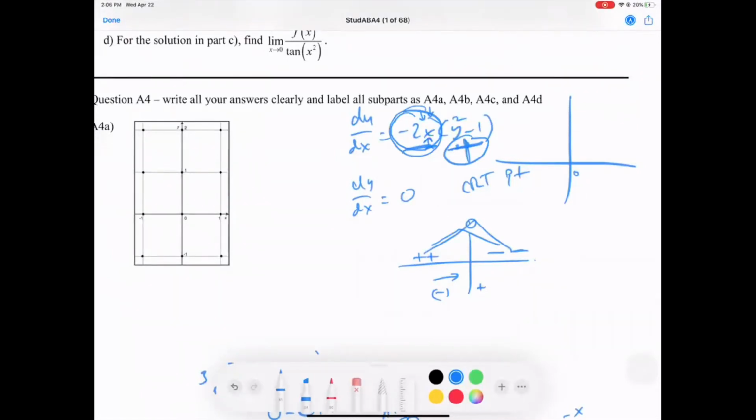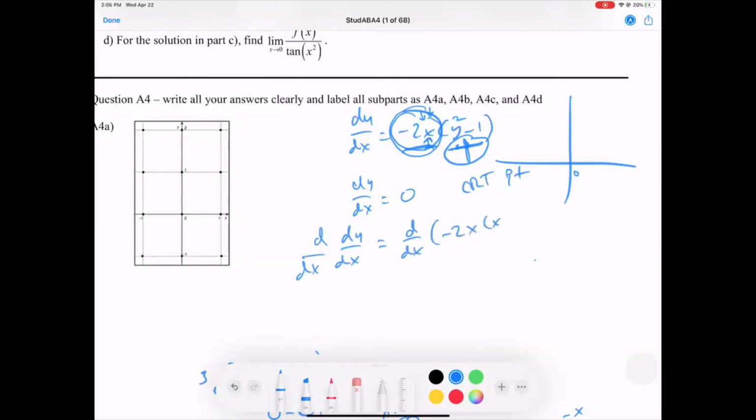The second way is to just go ahead and take the derivative again and look at the second derivative to check concavity. So let's go ahead and take the second derivative. Take the derivative again of both sides. So the second derivative, d squared y over dx squared, is equal to, we're going to do the product rule on that.